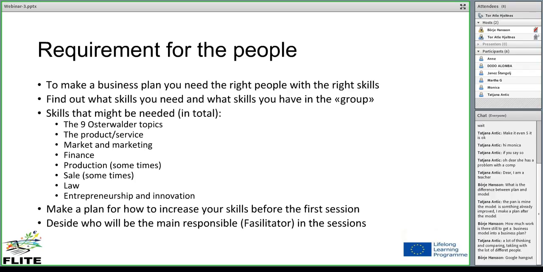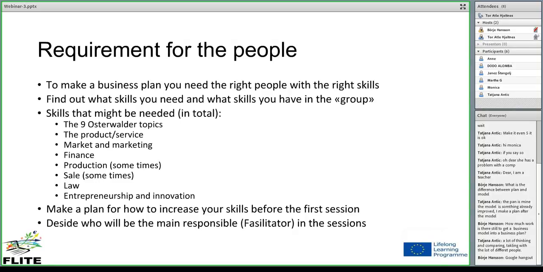You need to know something about sales, maybe, and also you have law. It can be patent law or other things that might be important. And in general, it's good to know about entrepreneurship and innovation.